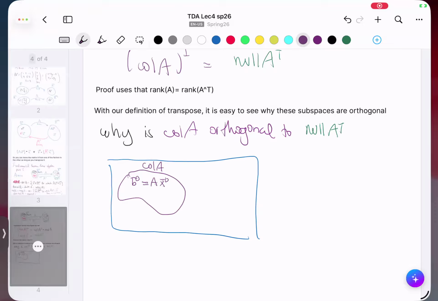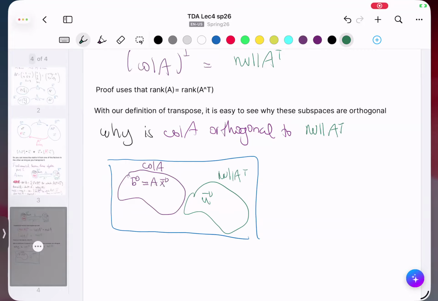And then if you have a vector in the null space, right? I'll just call it u. If you have a vector in the null space of A transpose, what does it mean?